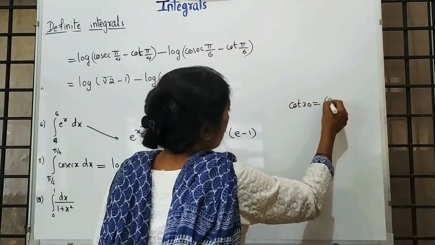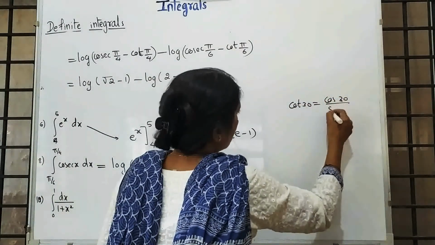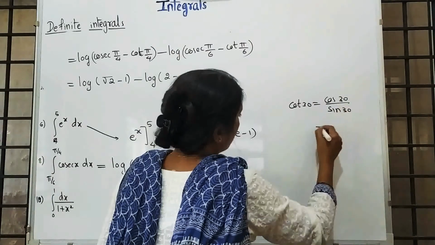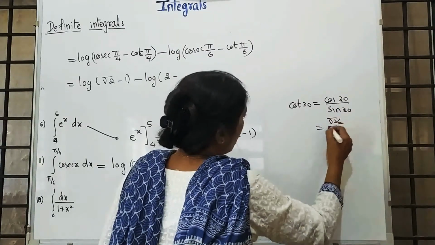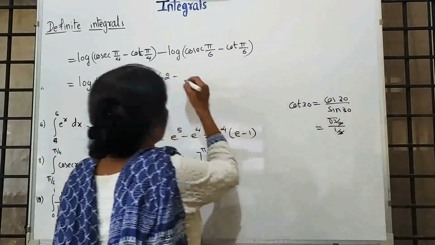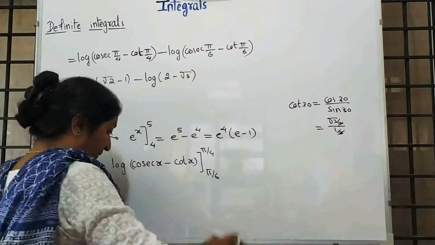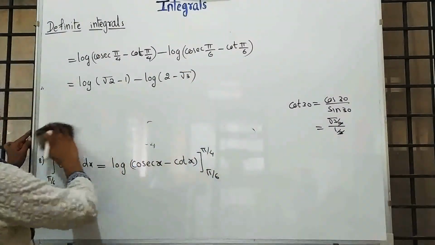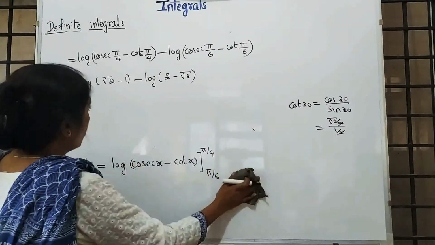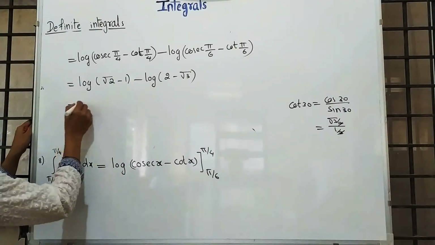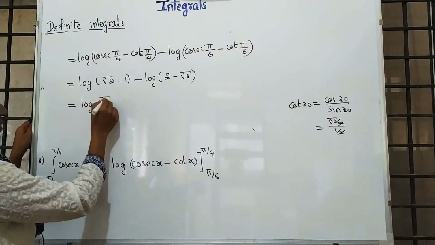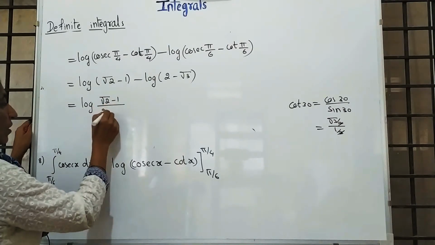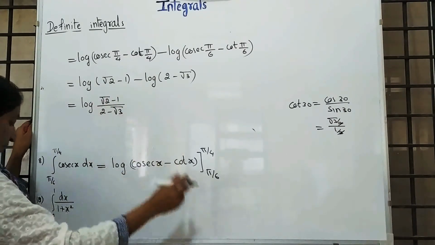Cot 30 is cos 30 by sin 30. Cos 30 is root 3 by 2. Sin 30 is 1 by 2. Answer is minus root 3. And you can stop it here, or it is in the form of log m minus log n. That is log of root 2 minus 1 upon 2 minus root 3.